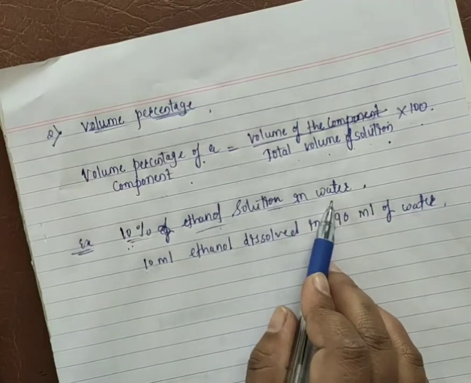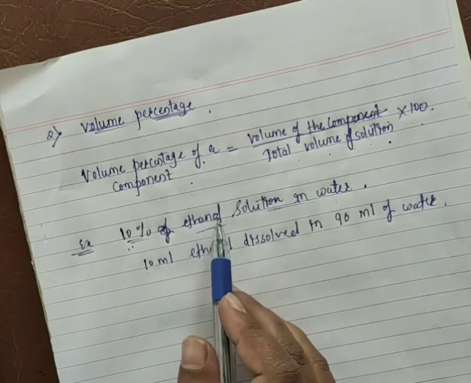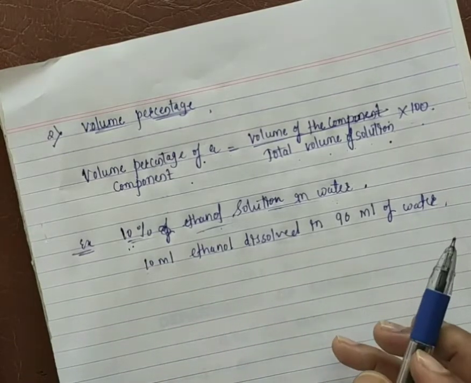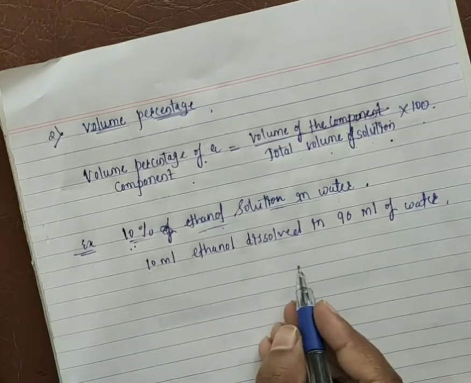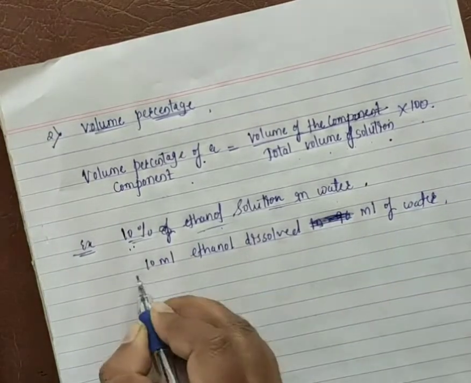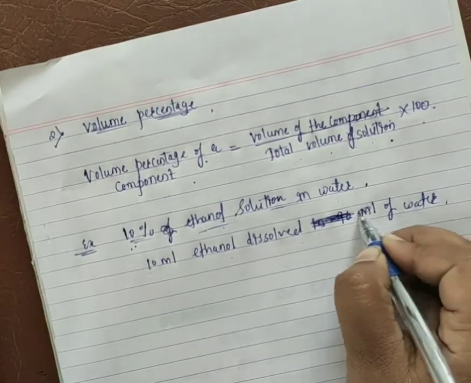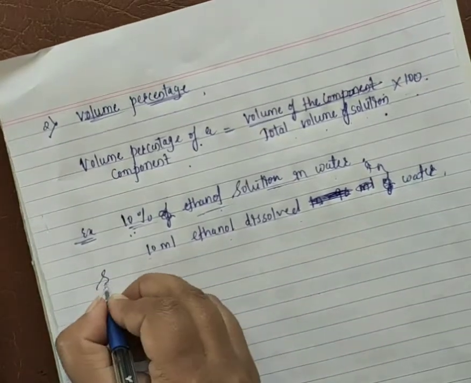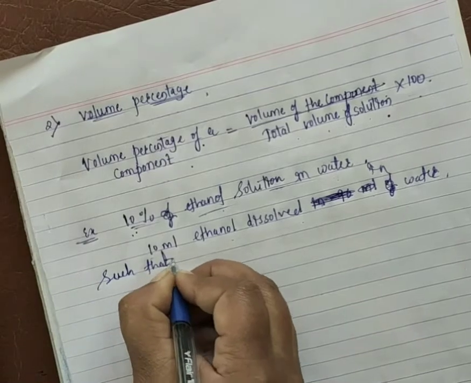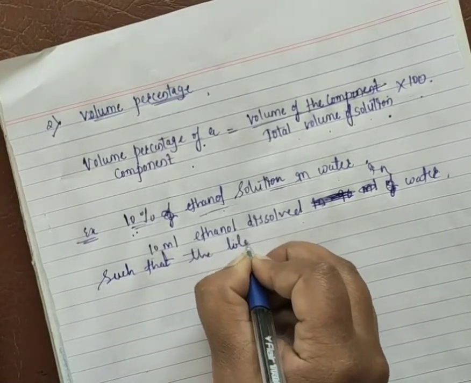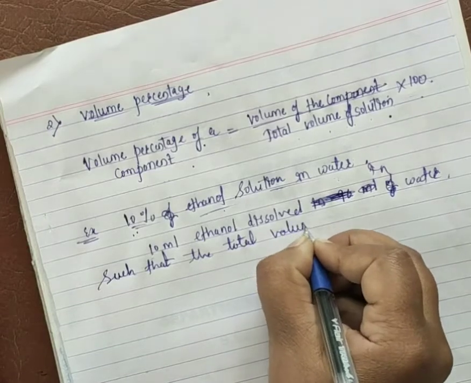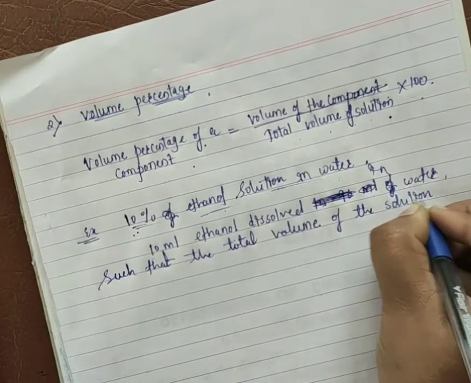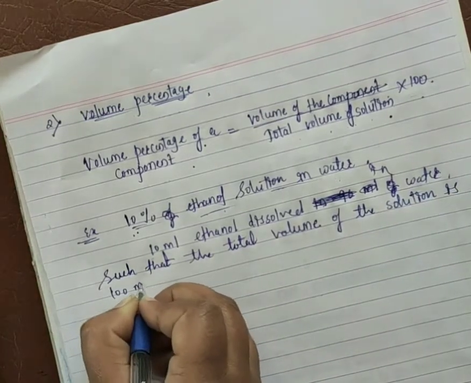Suppose the given example is the 10% ethanol solution in water. What is the meaning of this sentence? The meaning is 10 ml of ethanol is dissolved in water. How much water, we don't know. Suppose I directly write 10 ml of ethanol dissolved in water such that the total volume of the solution is 100 ml.